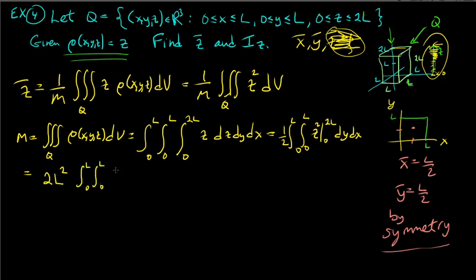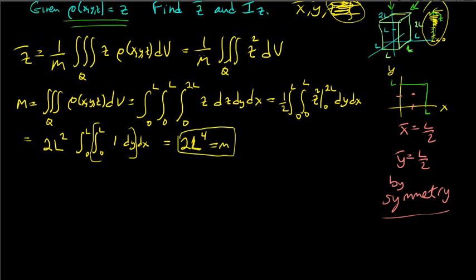And then that's it, right? This is just 1 dy dx. So I think you can handle this integral here. You're just going to get L, and then for the x integral, you'll get another L. So I think we get 2L to the 4th. Okay, so that's the mass, m. So keep that in mind.